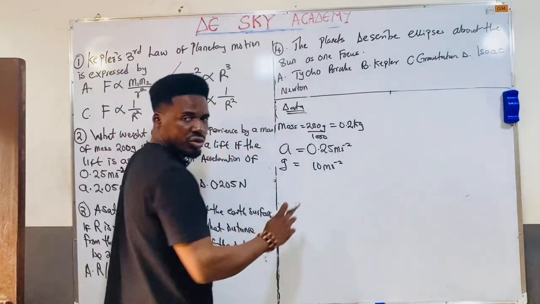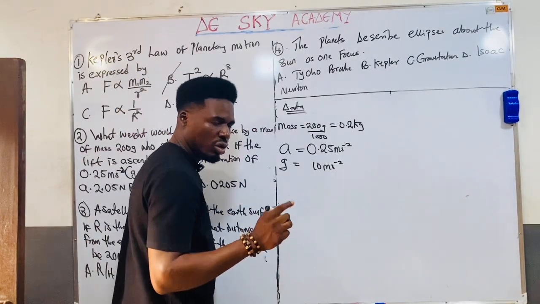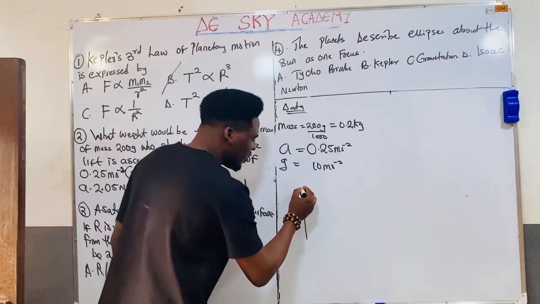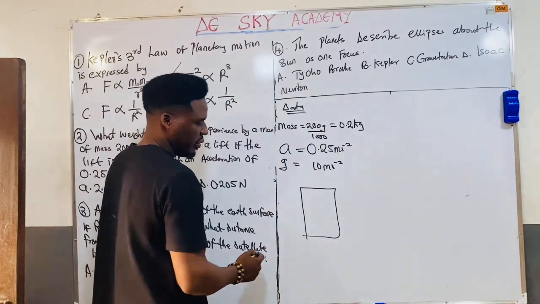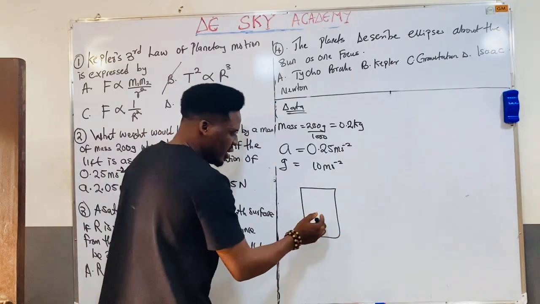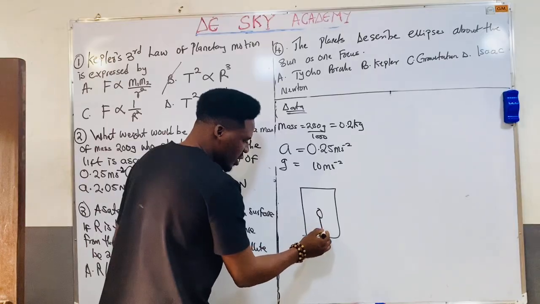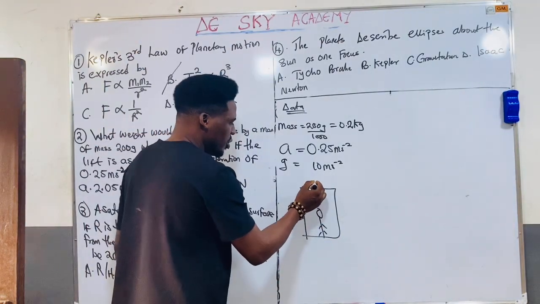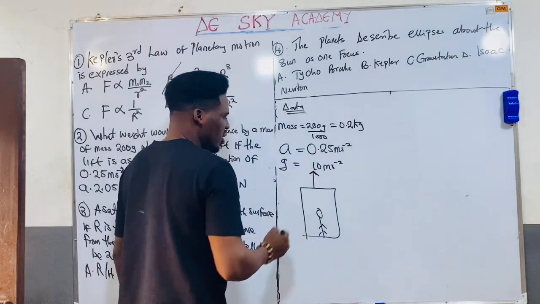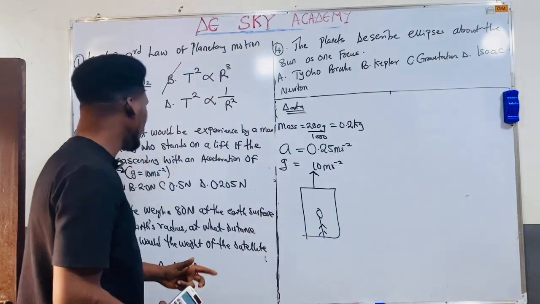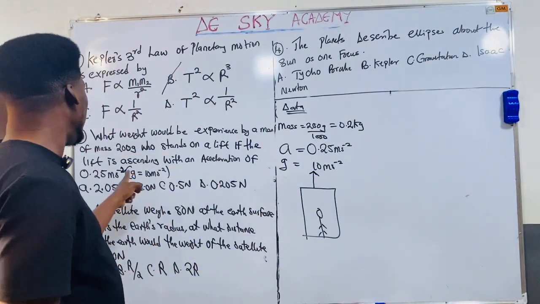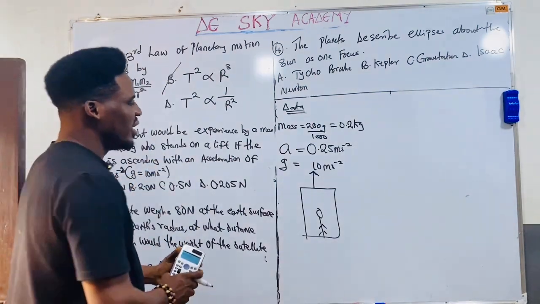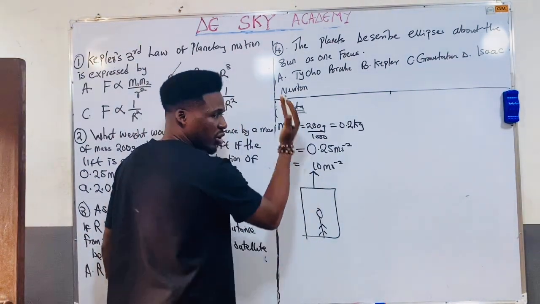The first thing I want you to note is, now look up. You have a lift, and this is the lift. Inside this lift, I have a man standing, and this is a rope pulling this lift up, because they said the lift is ascending, that means the lift is moving up.